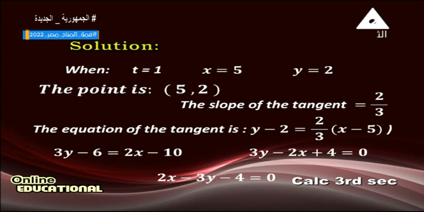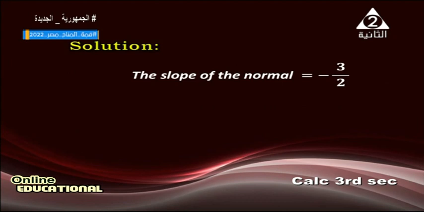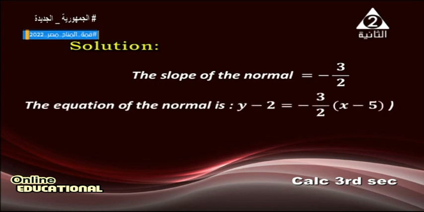Now, what about the slope of the normal? We know that the slope of the tangent equals 2 over 3, then the slope of the normal equals negative 3 over 2. Then the equation of the normal at the point (5, 2) is y minus 2 equals negative 3 over 2 multiply (x minus 5).